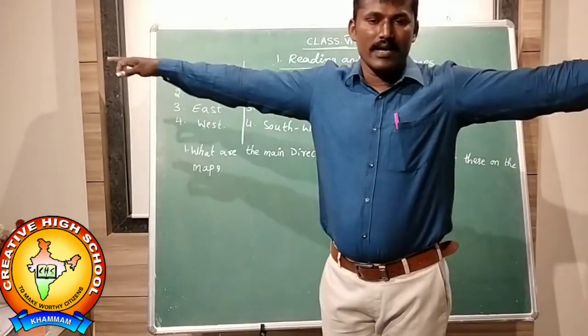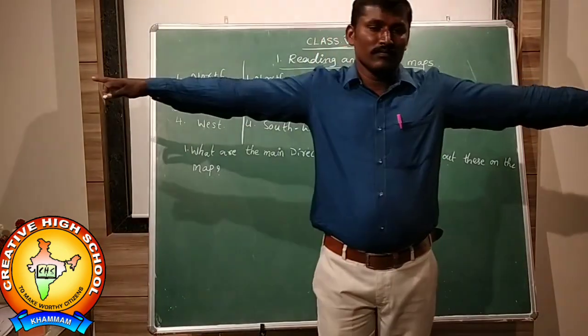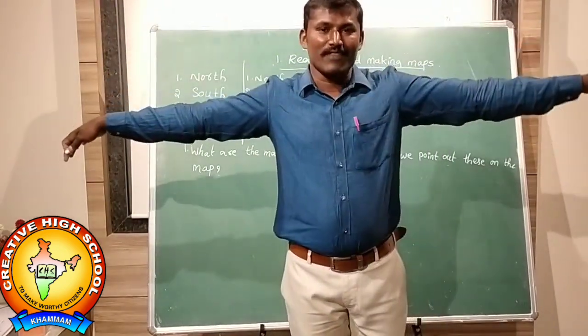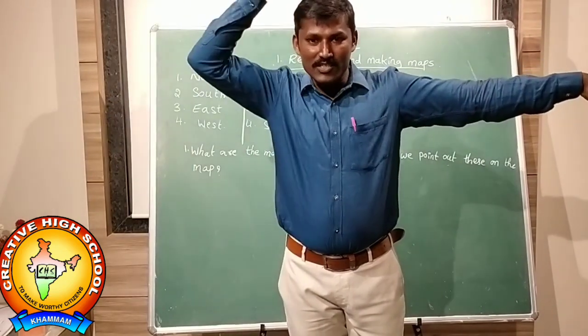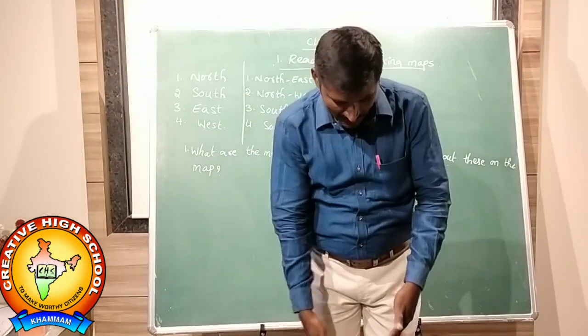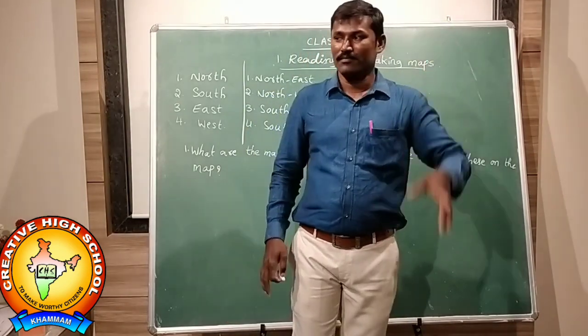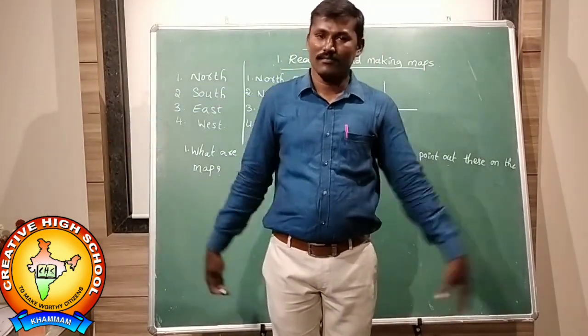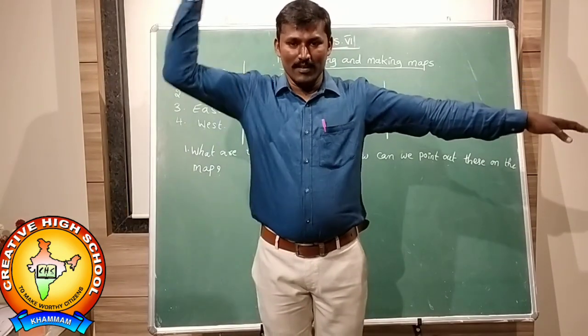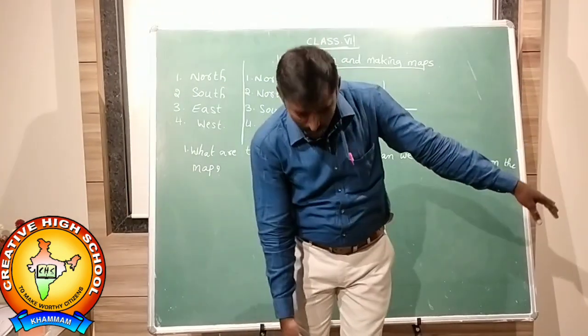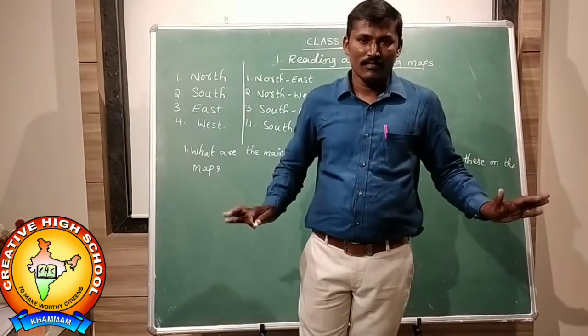For example, I stand like this. This is my right hand. This is my left hand. This is top and bottom. Once again, let's observe. Right hand, left hand, top, bottom. Okay.